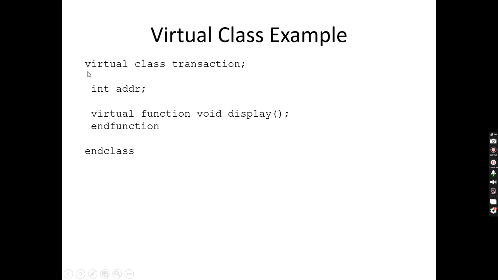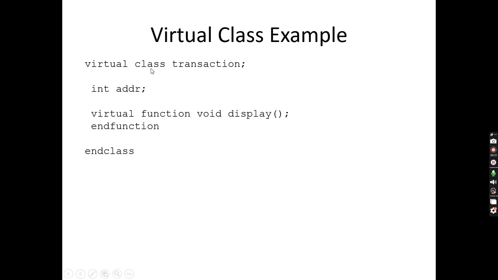We just add virtual before the class. That's it. We can't create the object for this class directly because it's just a framework. When we want to create an object, we extend this class with our own extended class, and then we can create the object for our extended class.